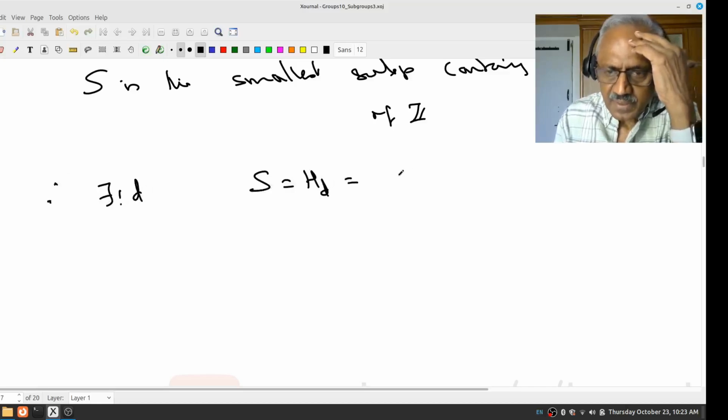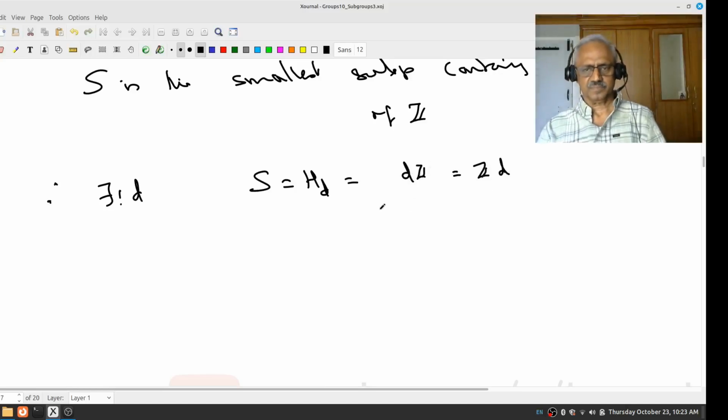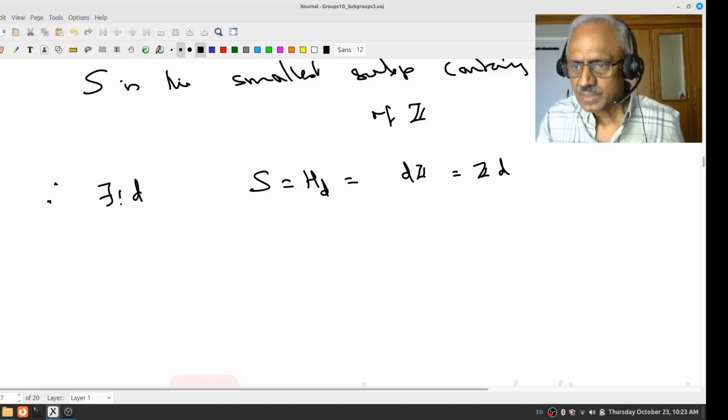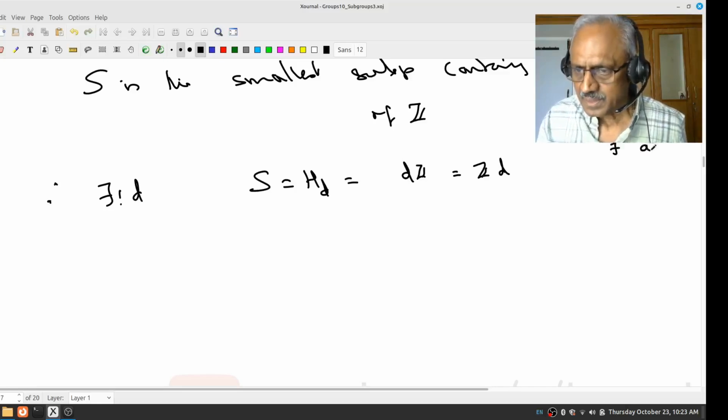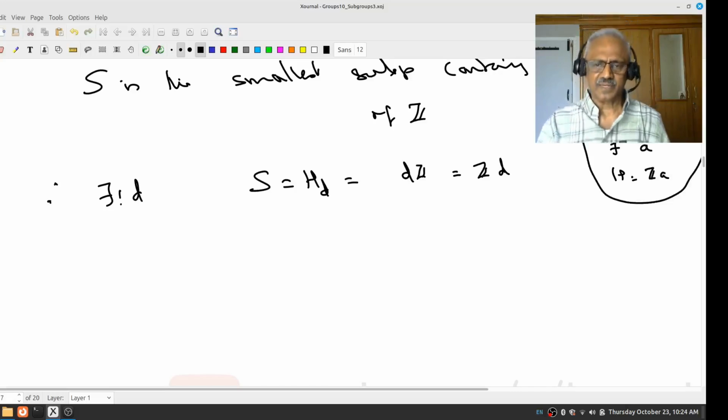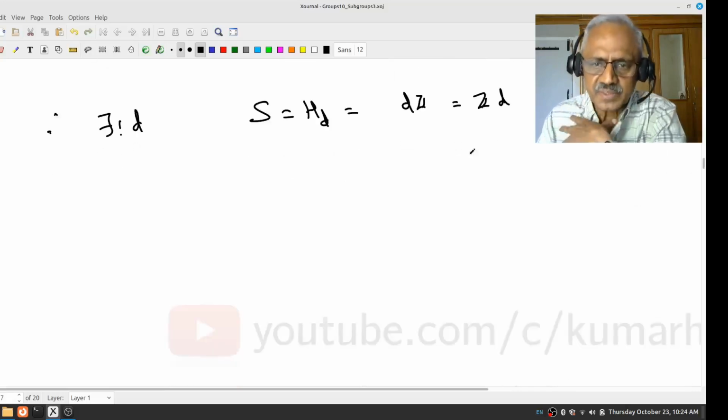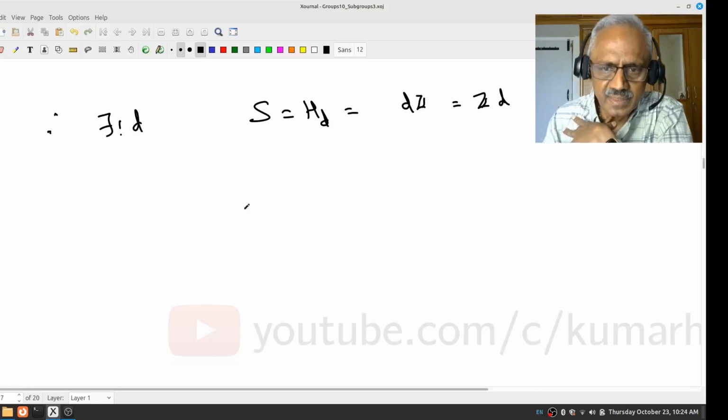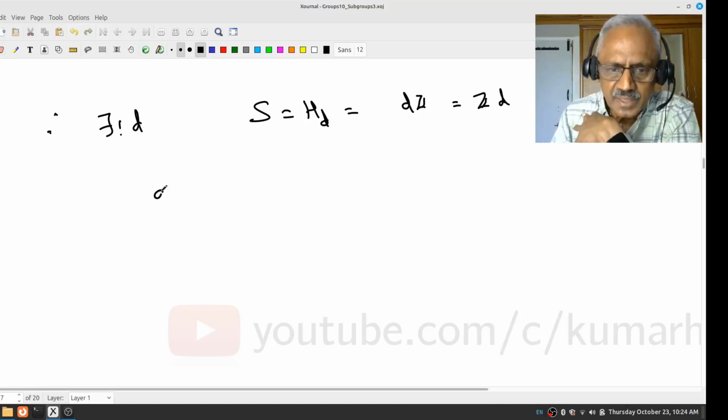This is D times Z, or Z times D, all multiples of D. Yes, because we have seen if H is a subgroup of Z, then there is a unique A so that H is all multiples of A. We had already seen this; there I called it H_n possibly. Is that okay? Therefore, in particular, D belongs to this set.